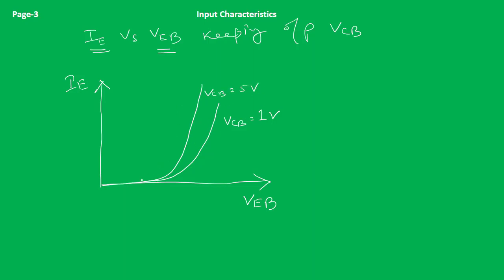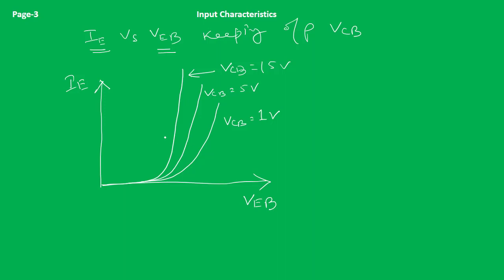If we further increase VCB, it will go towards more and more ideal values, and suppose this is VCB say 15 volt. Just for example I have shown. If VCB is very high, then we'll have an even stiffer slope.